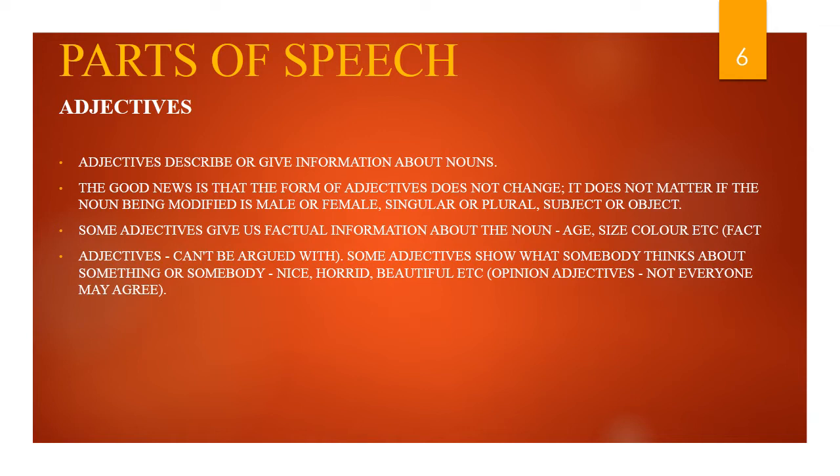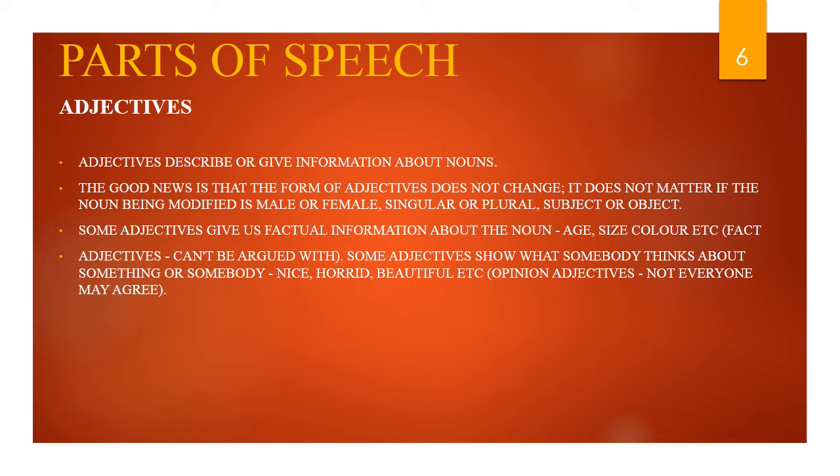So in short, you can say that it is the good or bad quality of any noun or pronoun, and this is called adjective. It may be an adjective of frequency, or an adjective of degree as well. So adjective is the description, or the information about nouns.